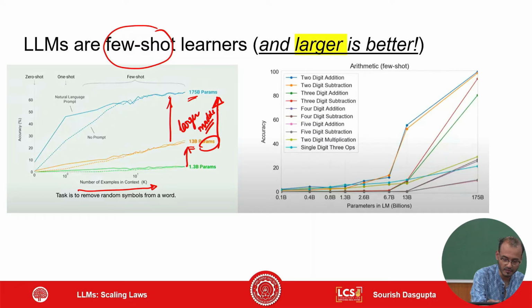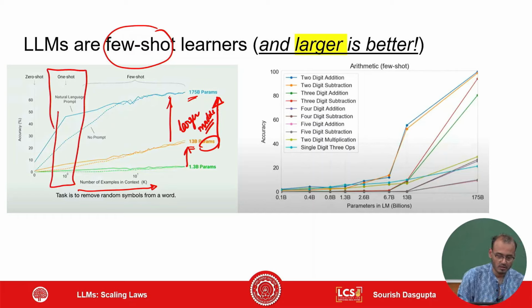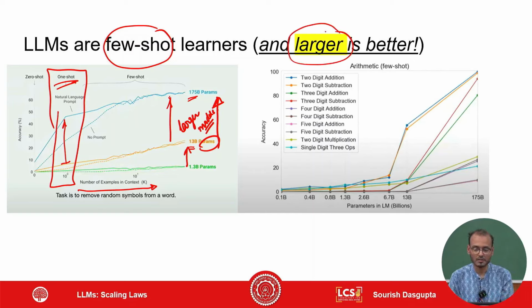Even with just one shot, there is a jump in accuracy. That's what we mean by larger is better. As you increase the size of the model, you will certainly see these jumps happening.